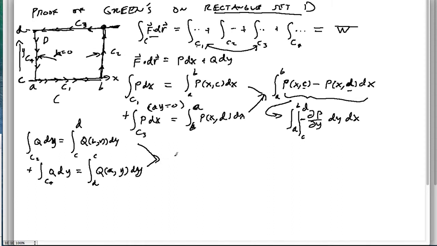And again, just like before, combine them together and create one integral. So it's going to go from c to d of q evaluated at b, comma y, minus q evaluated at a, comma y, dy.